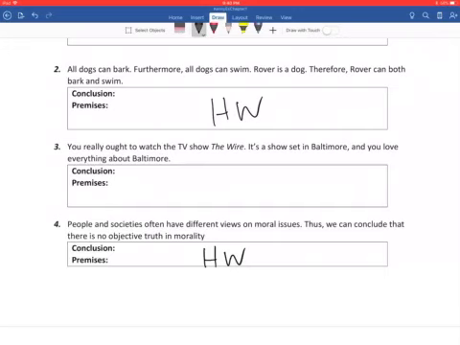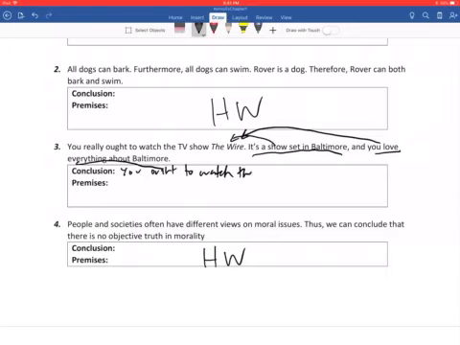So we're not trying to be persuaded it's a show set in Baltimore, and presumably we're not trying to be persuaded that we love everything about Baltimore, right? Those two things are supposed to give us a reason to accept the first one, namely that you really ought to watch the TV show The Wire. So the conclusion then is you ought to watch The Wire.